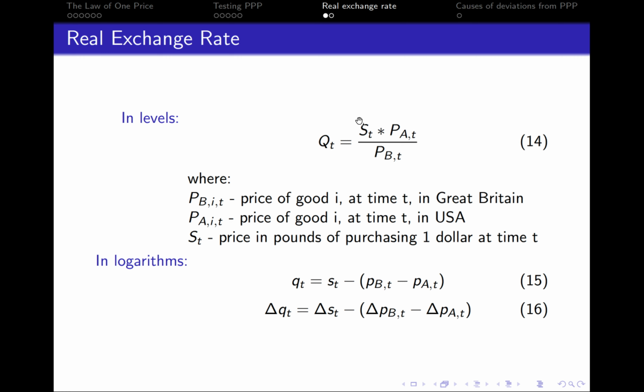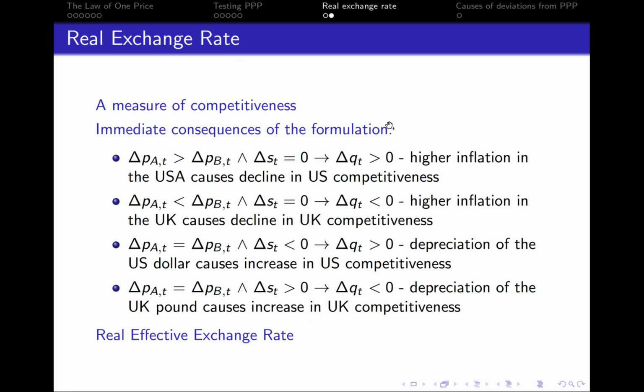Of course, knowing this, we can easily calculate the American real exchange rate. But look at all the information we get from this. First, let's consider differences in inflation. In the first case, if inflation in the United States is higher than inflation in Great Britain, while the nominal exchange rate stays the same, then the real exchange rate of Britain is increasing, which means that Britain is becoming more competitive.